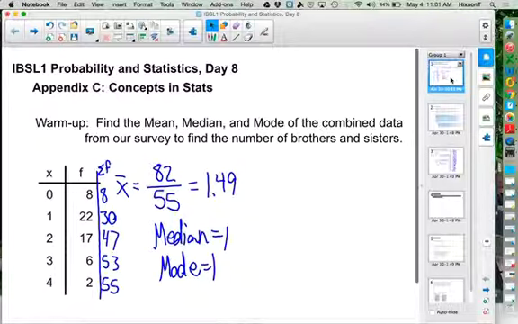But later we can look at some calculator items that do help make this a little bit easier. But just be aware of that. If you're given frequencies, you've got to account for all of the scores.